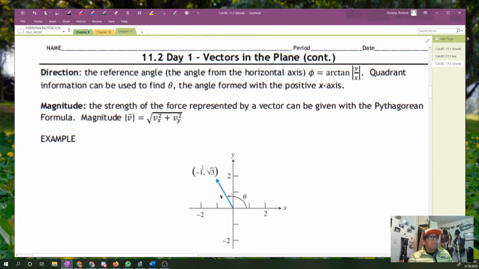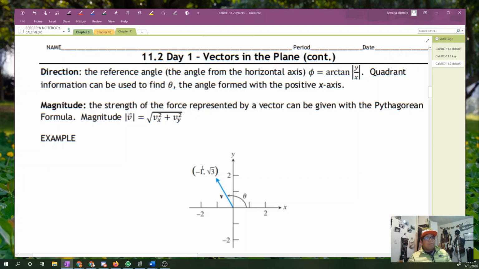Okay, so direction. The reference angle, the angle from the horizontal axis, we'll call that phi, can be obtained with arctangent of y over x, where y is the vertical component and x is the horizontal component. Quadrant information can be used to find theta, the angle formed with the positive x-axis.